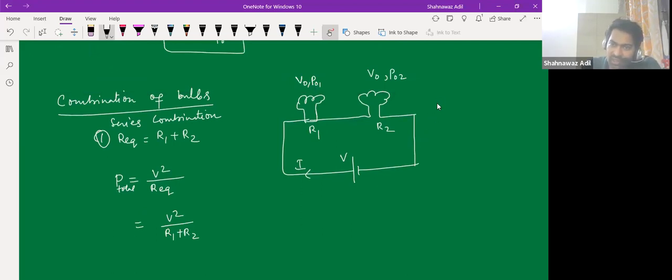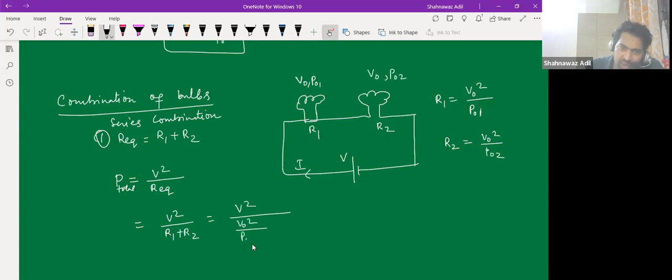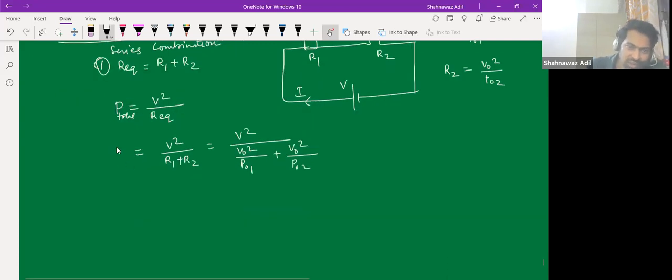We know that R1 would be V naught square divided by P naught 1. Similarly, R2 would be V naught square divided by P naught 2. So this would be V square divided by V naught square by P naught 1 plus V naught square by P naught 2. This would be how much? This is P total.